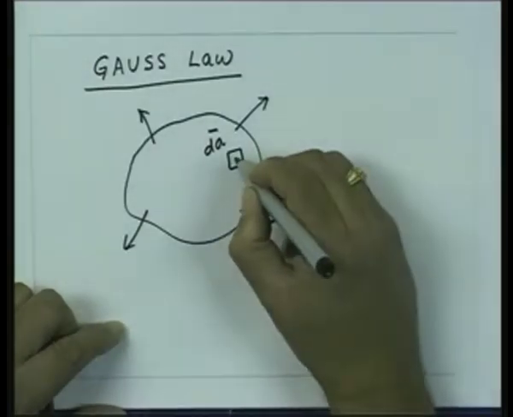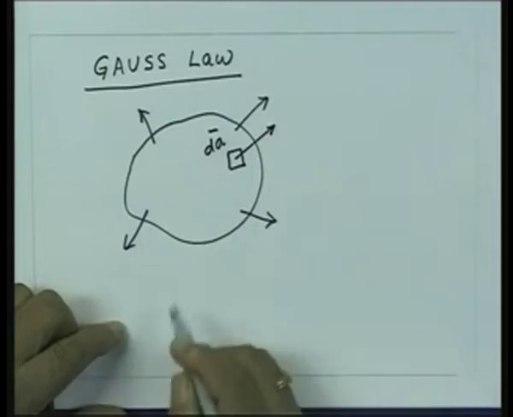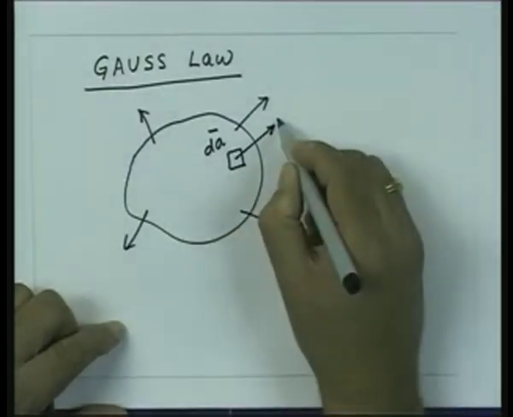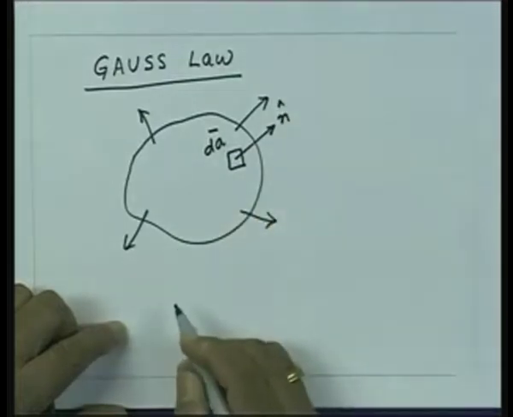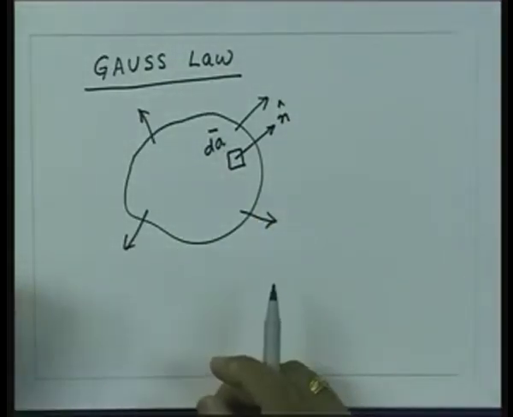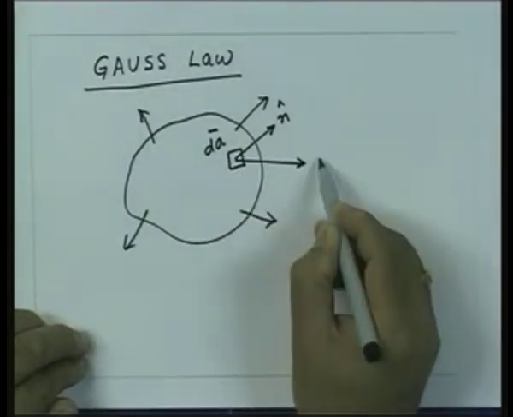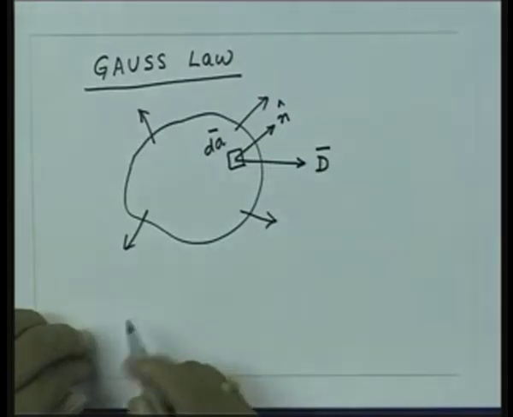So, dA has, as you saw, the area has a direction which is given by its normal. So, this is the normal to the surface which is the outward normal, and at any location here, let us say this is the direction of the displacement vector.